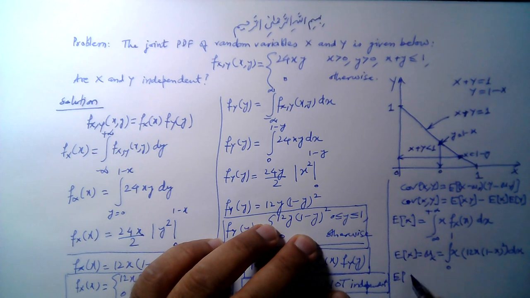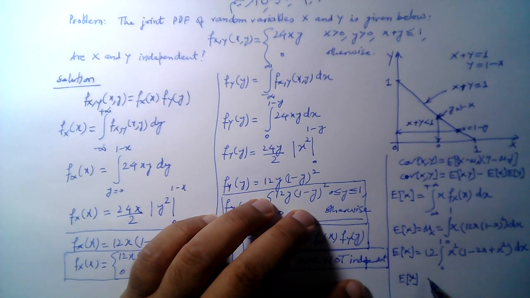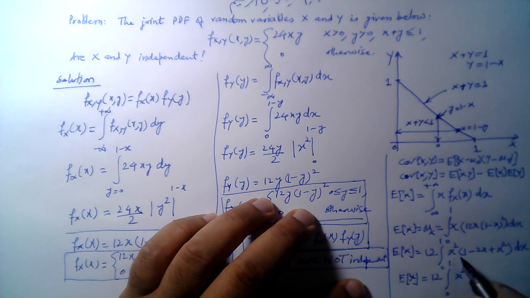So expected value of x is, this is 12, we can take it out, and this is x square into 1 minus 2x plus x square dx, right? So expected value of x is given by 12, integral from 0 to 1, of x square minus 2x cube plus x raised to the power 4 dx, right?